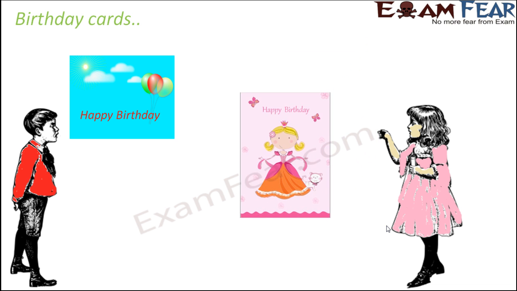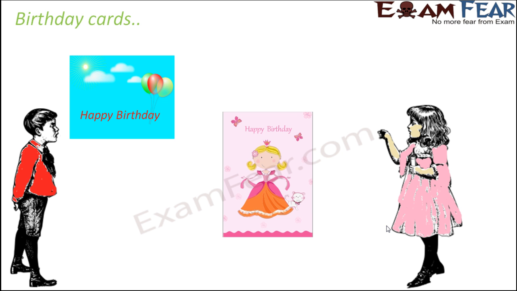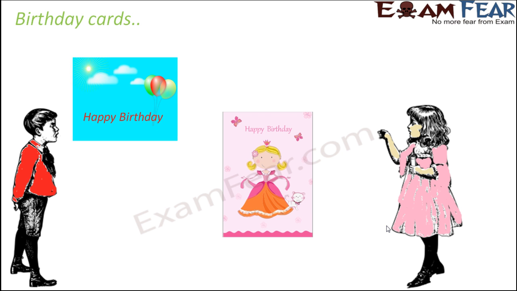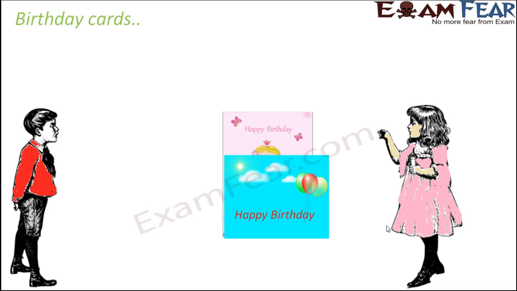So, let's do that. Let's bring the girl's birthday card and let's also bring the boy's birthday card. Now, when you try to place them one over the other, what happens? Do they exactly overlap? No. You can see this pink card from here. Again, you can see this extra portion of the blue card from here. So that means they do not have identical shape and size.